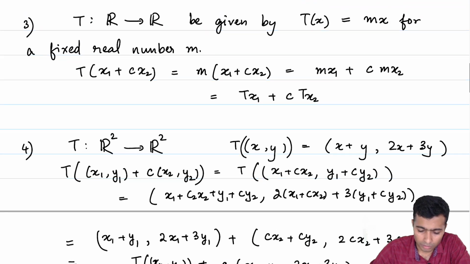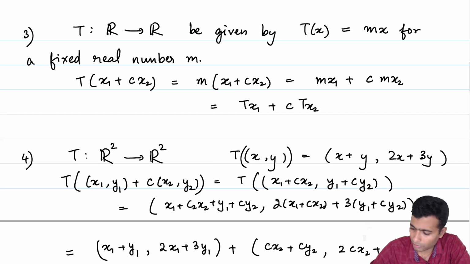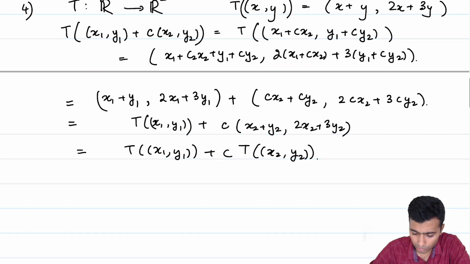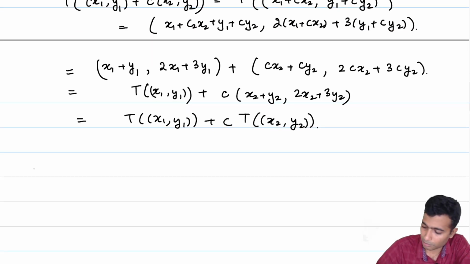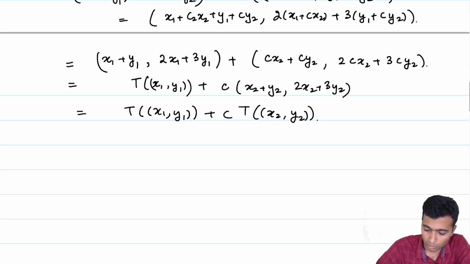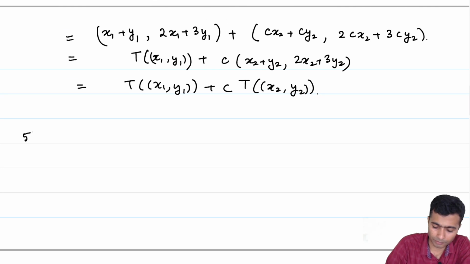Well, the previous example was from R2 to itself. So, let us now look at some example where the domain and the range are different.